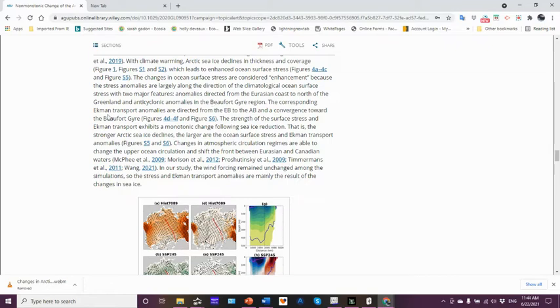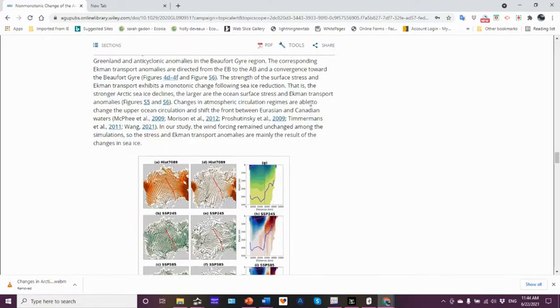The corresponding Ekman transport anomalies are directed from the Eurasian to the Amerasian basin with a convergence towards the Beaufort Gyre, and that's going to be shown in this figure, which I will enlarge momentarily. This is a very important figure, especially the right column graphics, as we'll get to in a moment. So they go on to say that the stronger the Arctic sea ice declines, the larger the ocean surface stress and Ekman transport anomaly.